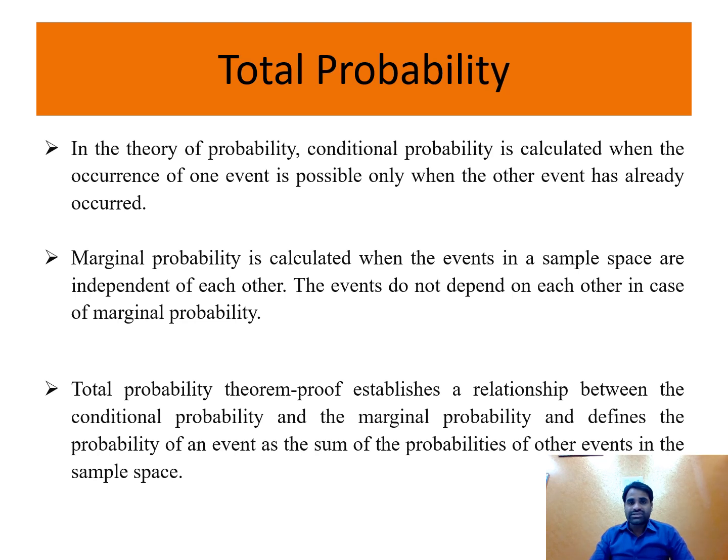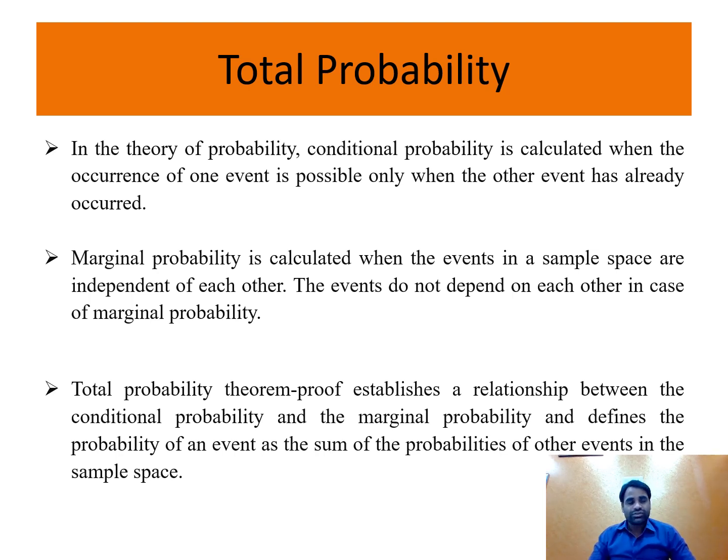So to derive the Bayes theorem, we have to know the total probability. Bayes theorem is derived from the total probability, and the total probability depends upon the conditional probability, the marginal probability, and the multiplication theorem of probability. It also depends upon mutually exclusive events.